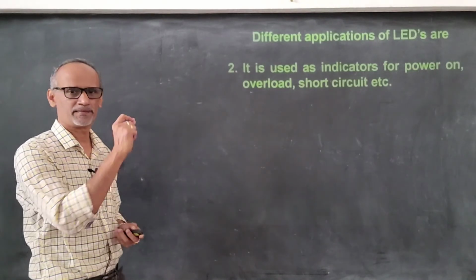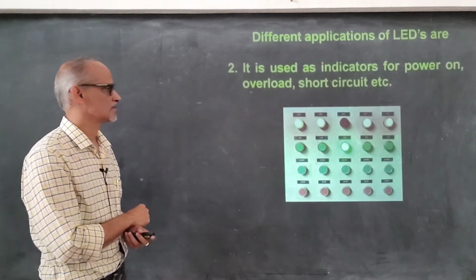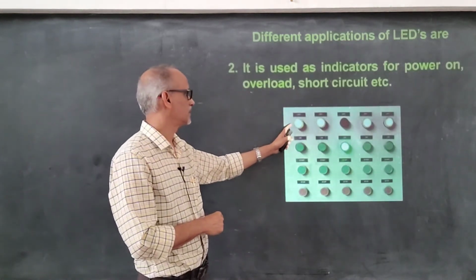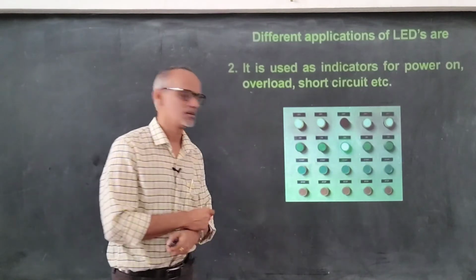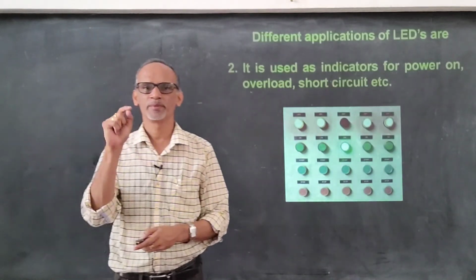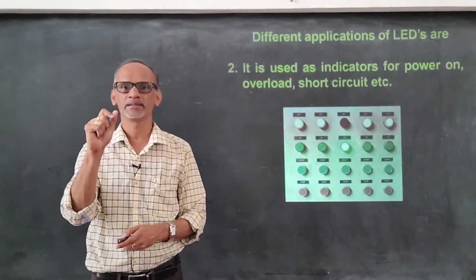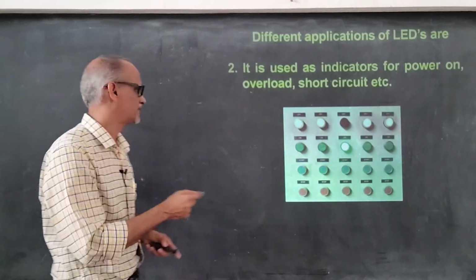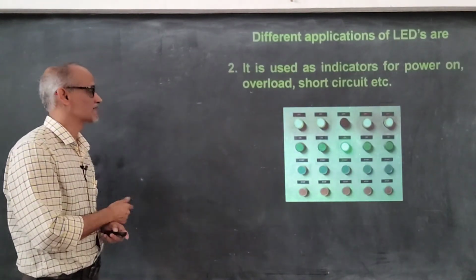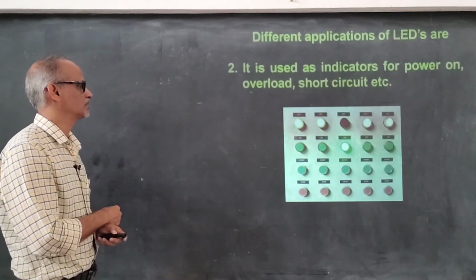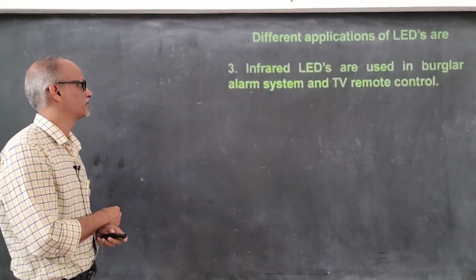Even in an inverter we find that display. So all the indicators which are there are nothing but LEDs. The moment you switch on, there is an indicator in most of the devices. Clear? So that's the highly used application of the light emitting diode.